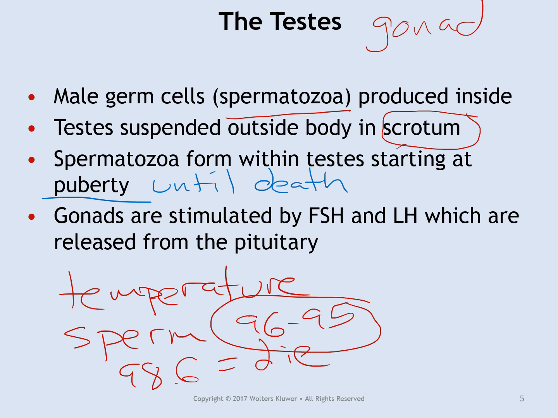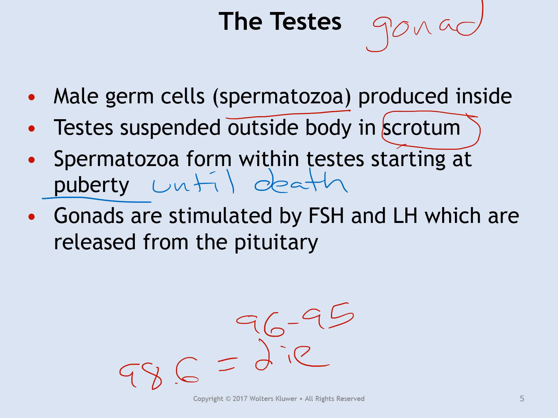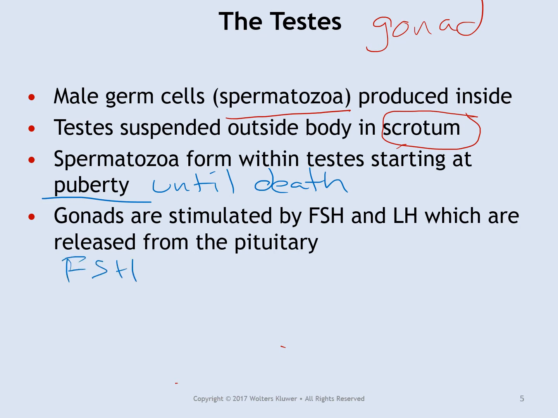The gonads are stimulated by two hormones, FSH and LH, that come from the pituitary and play a role in gamete production in both the male and the female reproductive system. We'll talk about these a little more when we talk about the female reproductive system, but they serve the same purpose in both. So FSH is follicle stimulating hormone.